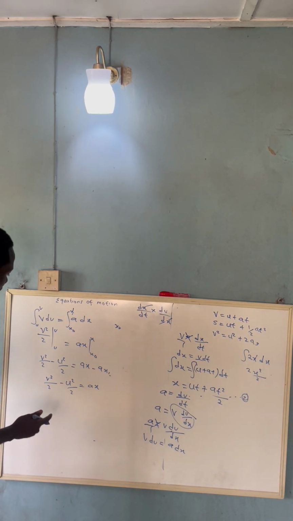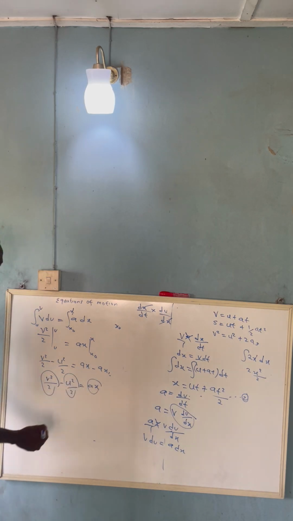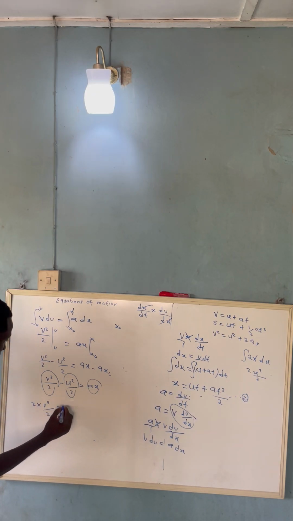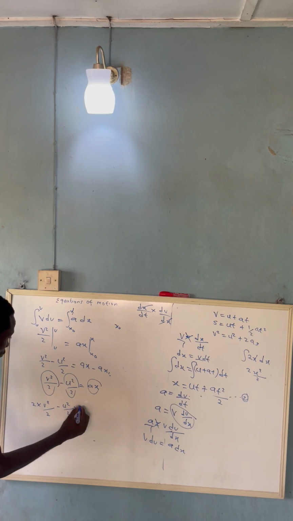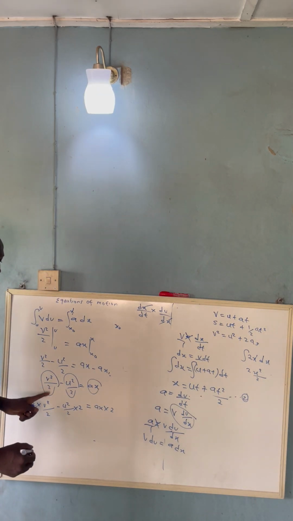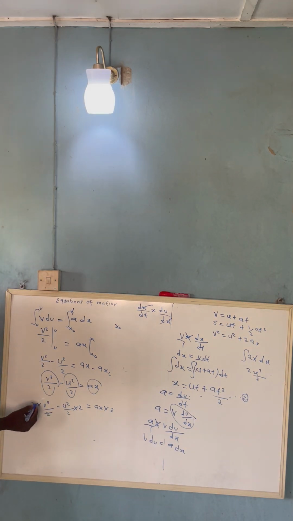From here, we need to remove the denominators, which is 2. We look for the LCM. The LCM is 2. We multiply all the terms by 2: 2 times v squared over 2, minus u squared over 2 times 2, equal to ax times 2. I've multiplied each of the three terms by 2, so that 2 can cancel 2.